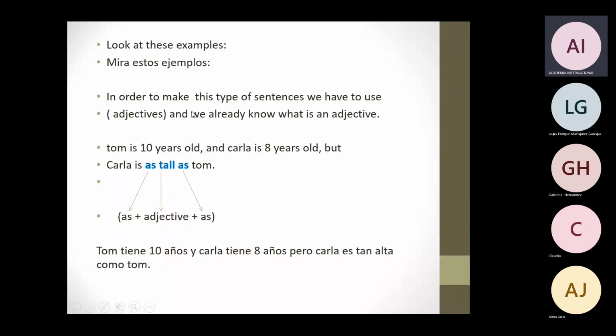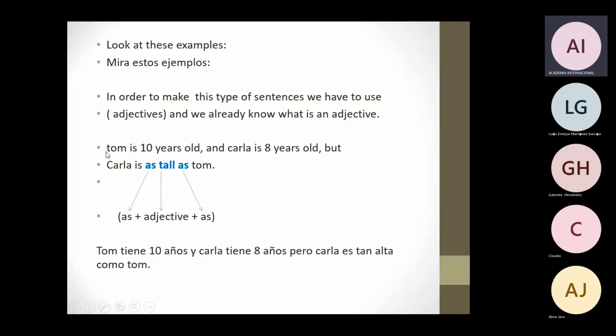And we already know what is an adjective, okay? An adjective is a word that describes a noun. Y un sustantivo son animales, ¿verdad? Personas, lugares, objetos. Eso, como dice en inglés. Adjectives describe nouns. Los adjetivos describen al sustantivo. Adjectives describe people, places, objects, and animals. Describen personas, animales, objetos y lugares.